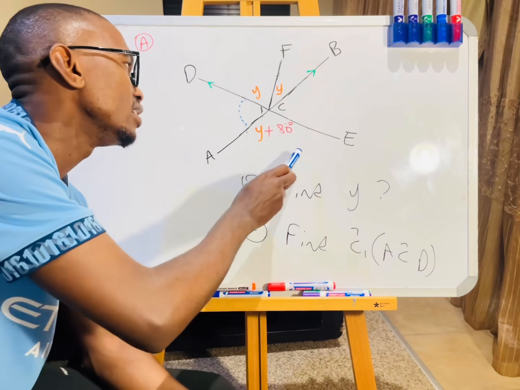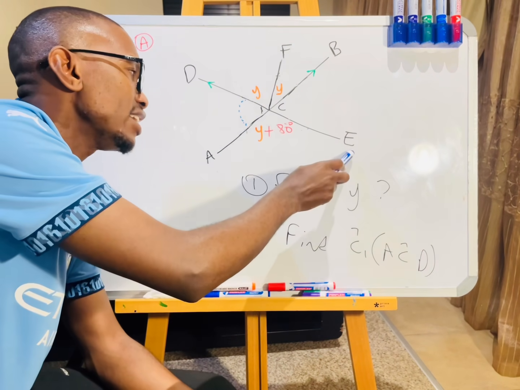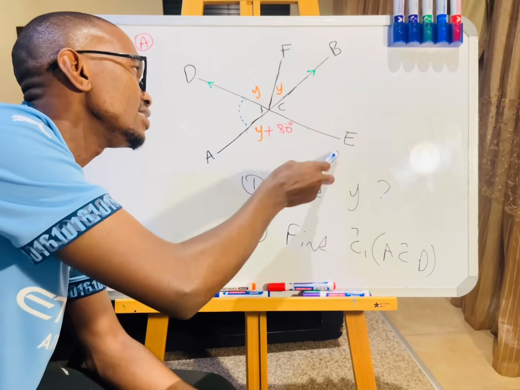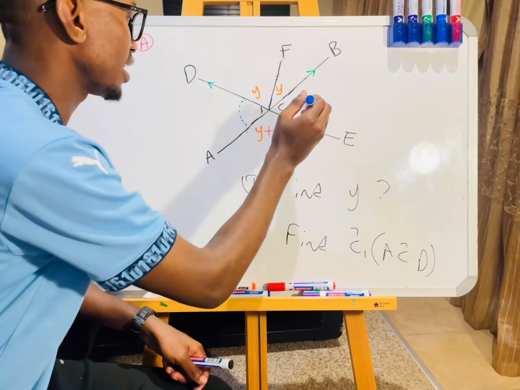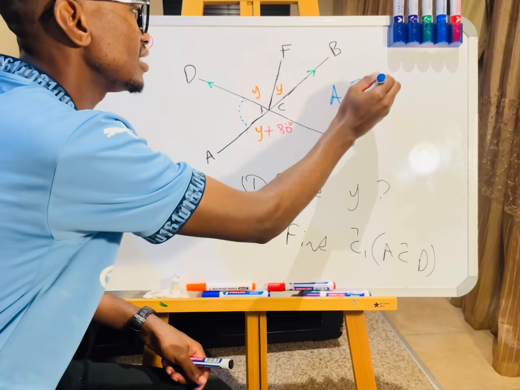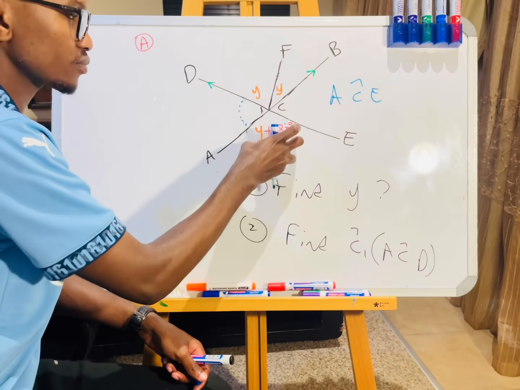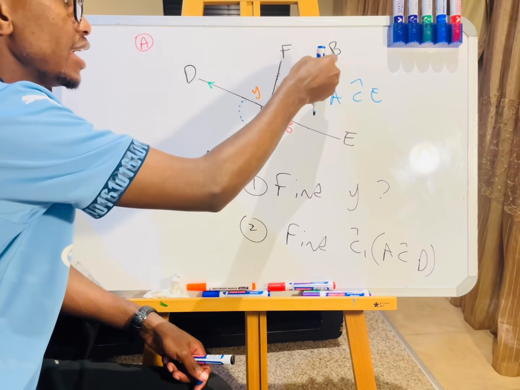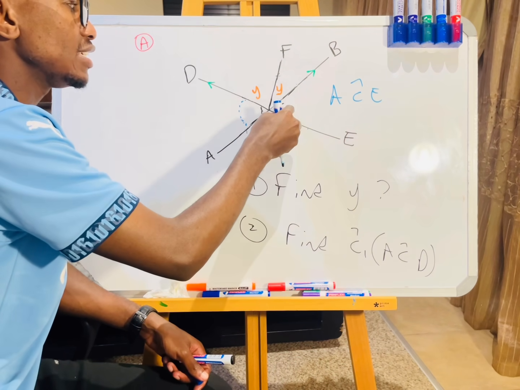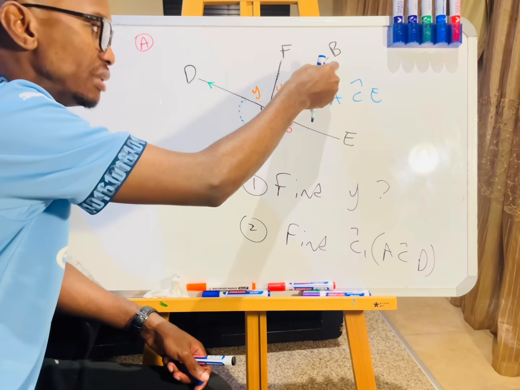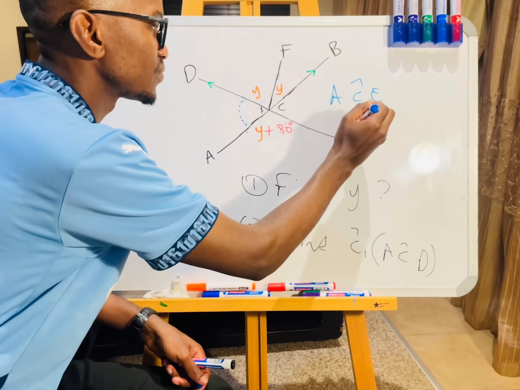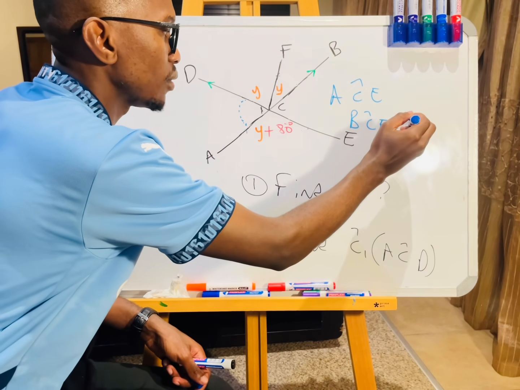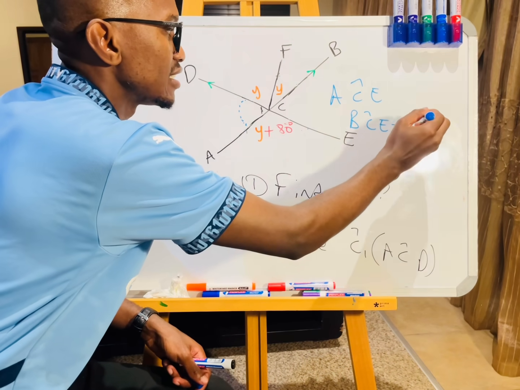So here it's going to be angle ACE. What about this one? Angle ECB. Someone can say angle BCE, you're still correct. Angle BCE is the same as angle ECB.